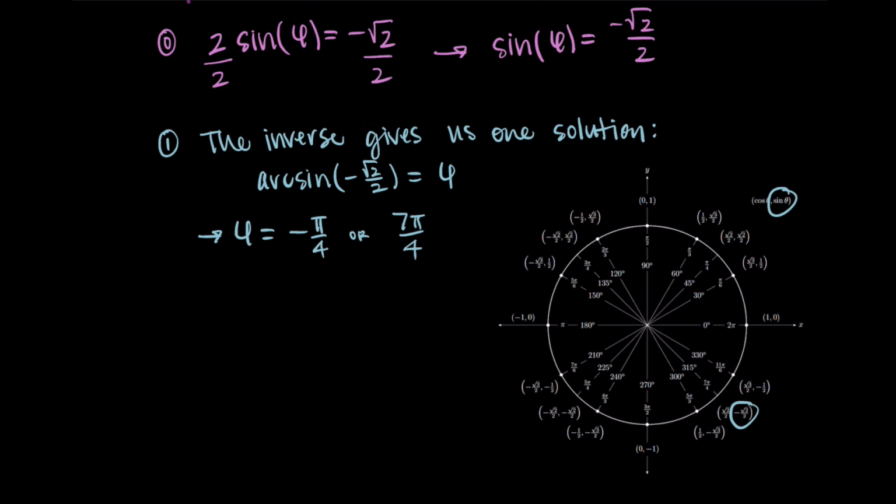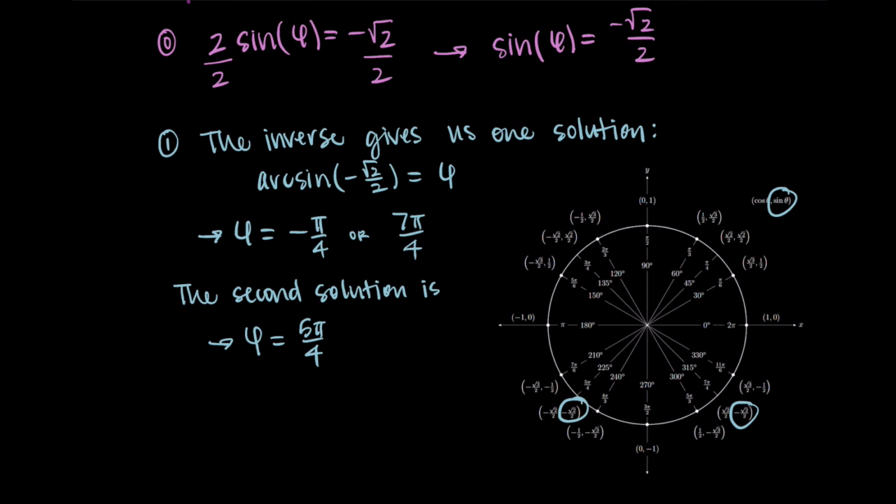So our first solution is phi equals negative pi over 4, or we could write it as 7 pi over 4. I like to use the positive angles, it just is more comfortable for me, so I'll use the 7 pi over 4 here. Then we can look at our unit circle to find the other solution. I see that at 5 pi over 4, there is also a sine value of negative square root of 2 over 2. So our second solution is phi equals 5 pi over 4.